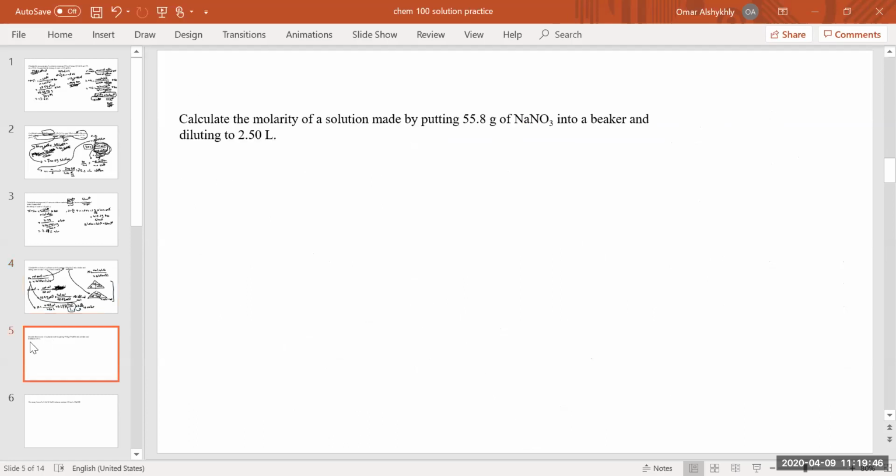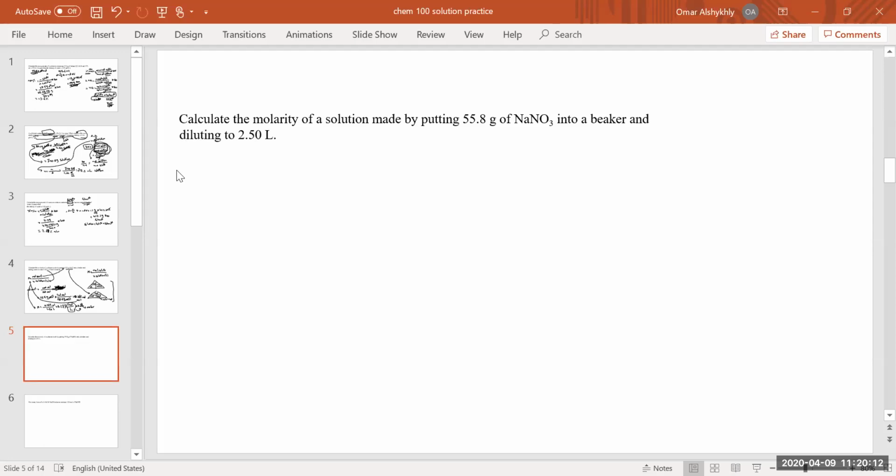Okay. Let's look at this question. Calculate the molarity of a solution made by putting 55.8 gram NaNO3 into a beaker and diluting it to 2.50 liter.